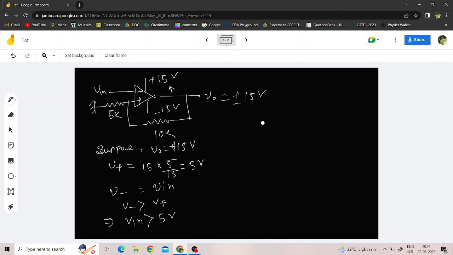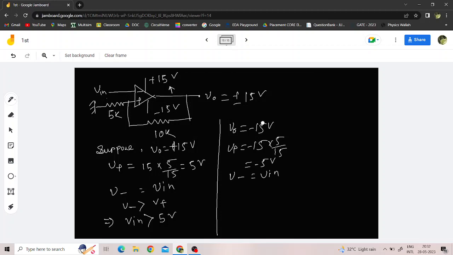Okay, and in a similar way, suppose V output is minus 15 volt, then V positive will be how much? Minus 15 into 5 by 15, so minus 5 volt, and V negative will be V in.